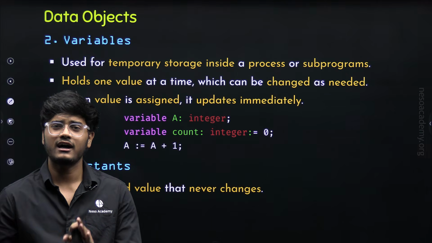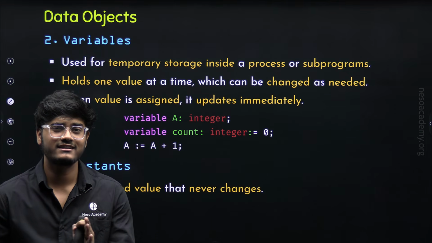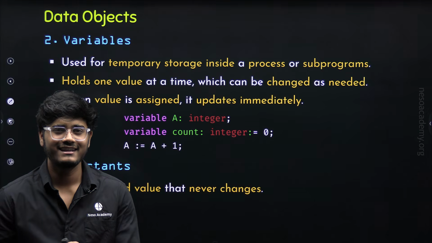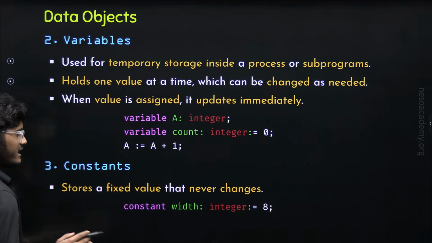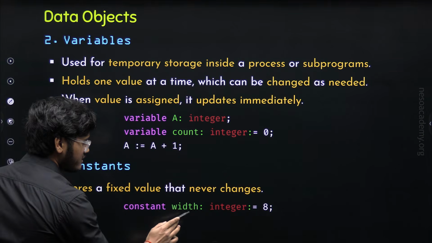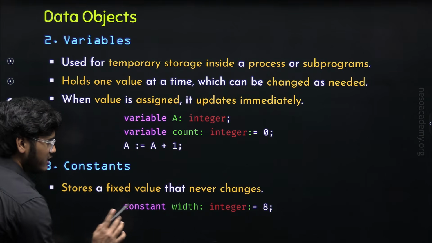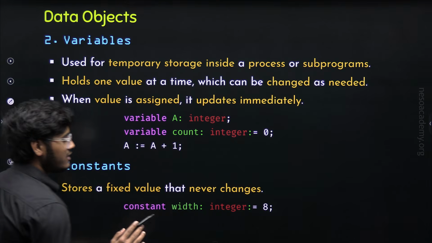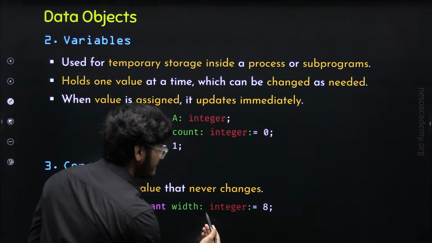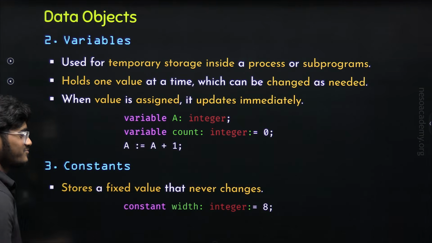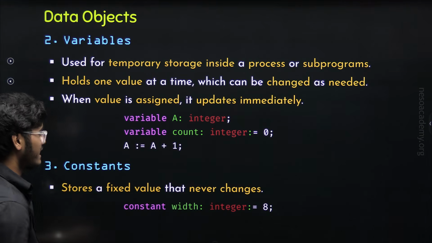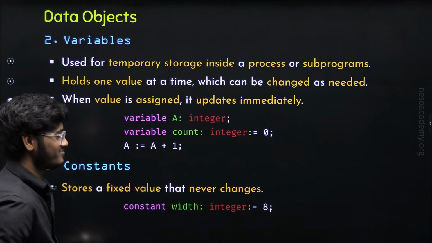We have already seen how to declare a constant inside a package body. Let's take the same example. So, we can declare a constant named width using the keyword constant. And here we are assigning a fixed integer value 8 to this constant width. So I hope you understand what constants are.